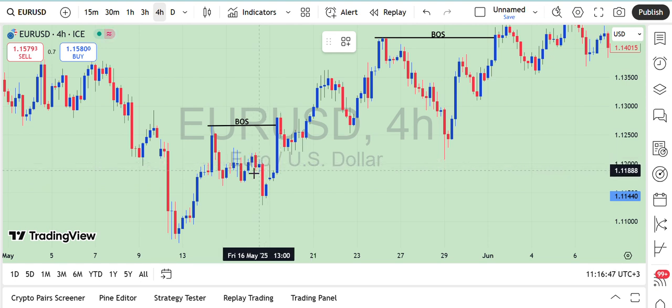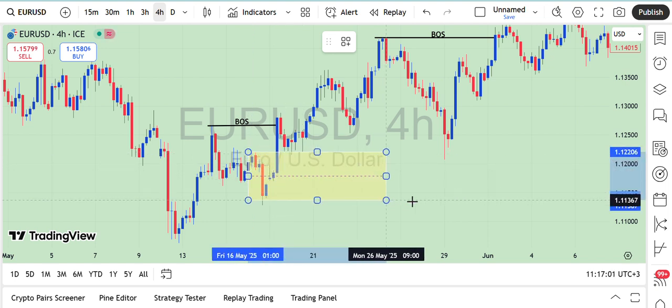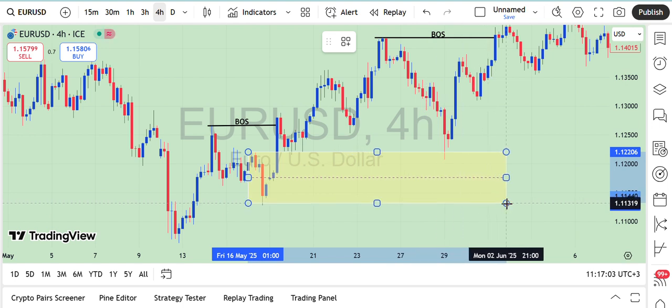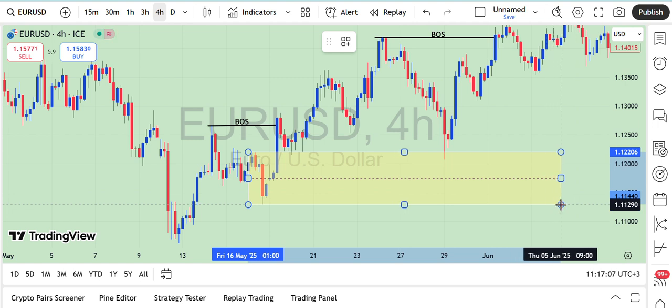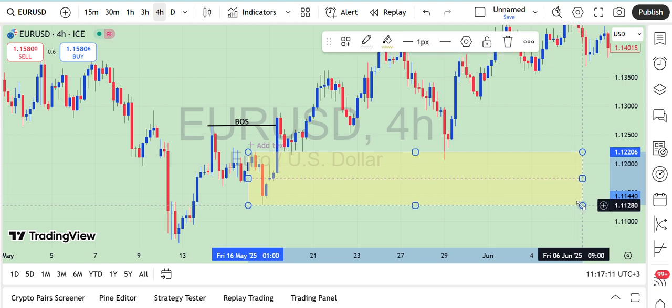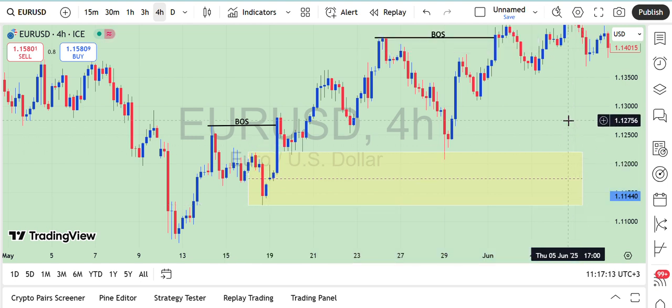So here, you can see very clearly this is the last impulsive move downward before this break of structure. I'll mark this order flow from up here to the last point here. So this is my zone. This is my point of interest. This is where I'm going to take my trade from.